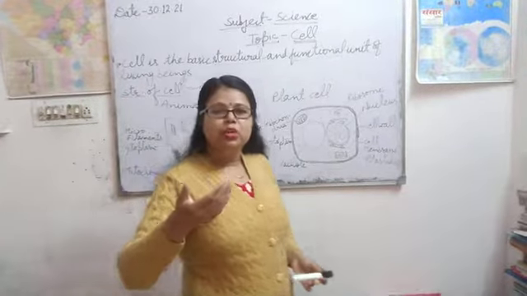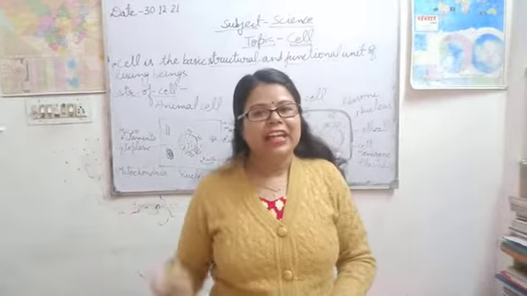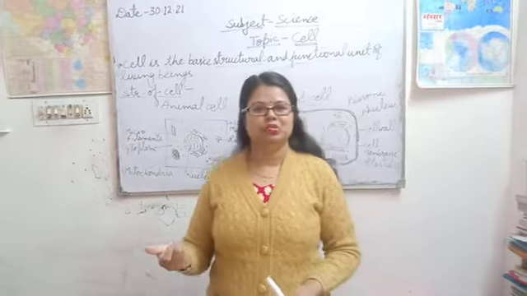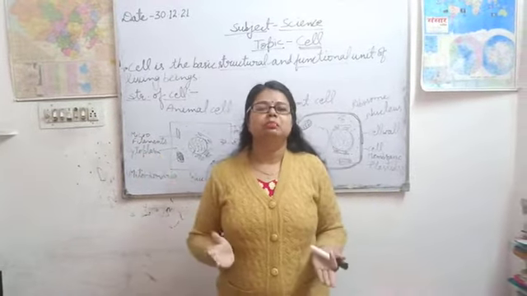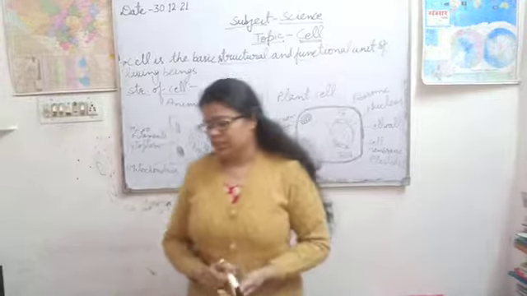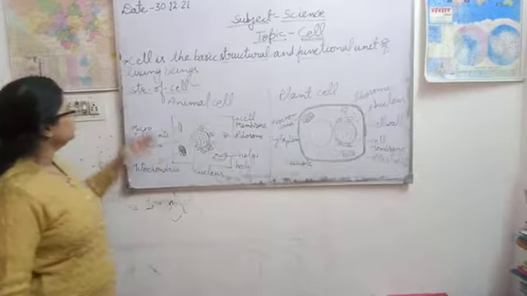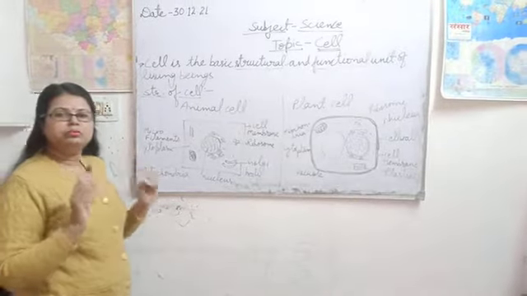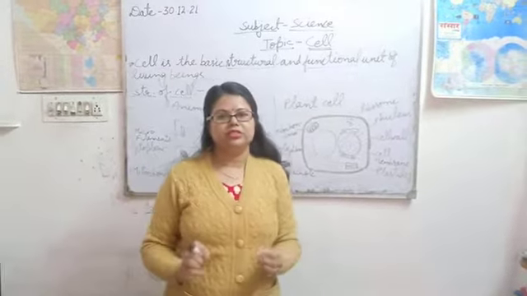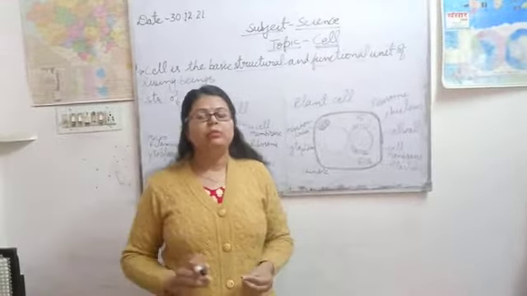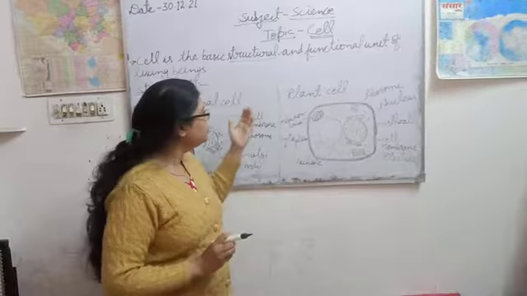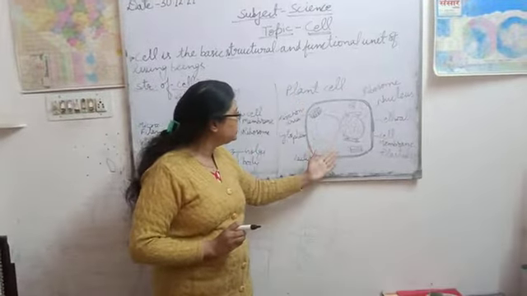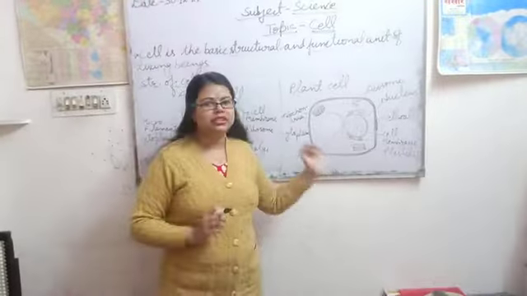Now we include plants as well as animals as well as microorganisms. These are all examples of living beings. Generally, what is the structure of the cell? A simple cell has a basic structure, but when we talk about plants, there are some differences between the animal and plant cells.